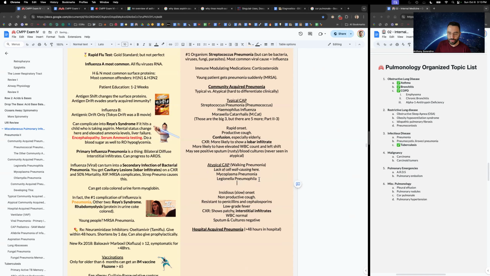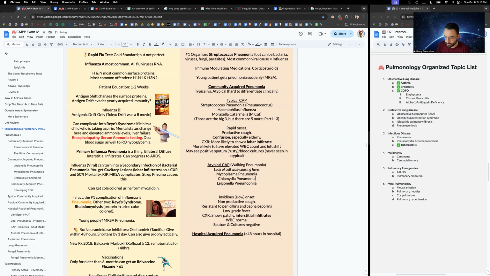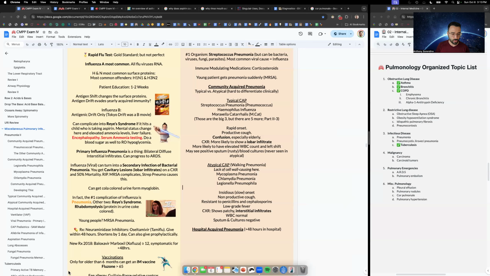Atypical just means there's something weird about their biology, something weird about the way they're structured, that they don't exactly fit into the bucket of gram positive and gram negative. Why that's important is they can present with unique symptoms because of the way that they infiltrate through the body. But more importantly, we need to target them with specific antibiotics.